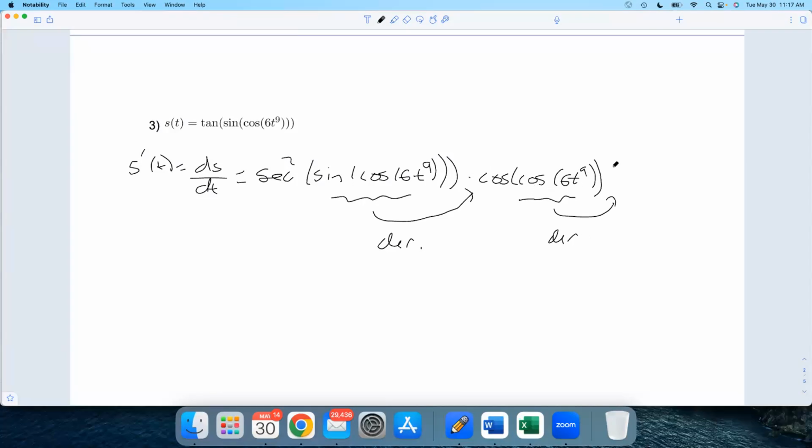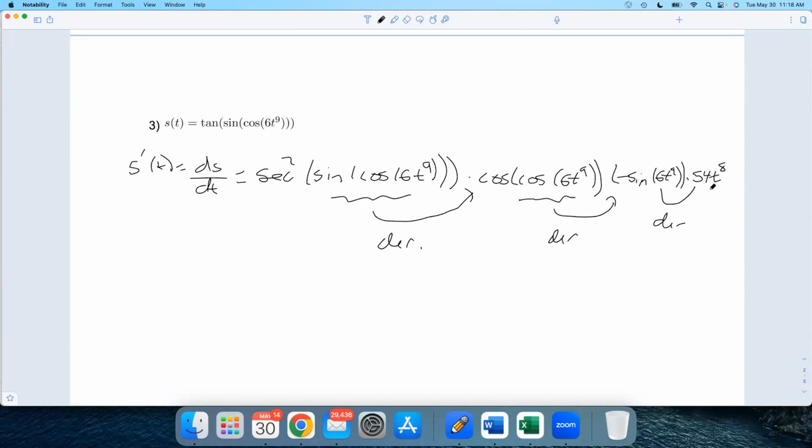Derivative of cosine of anything is negative sine of that same thing times the derivative of what's inside. So now derivative of this guy. And the derivative of 6t to the 9th would be 54t to the 8th.